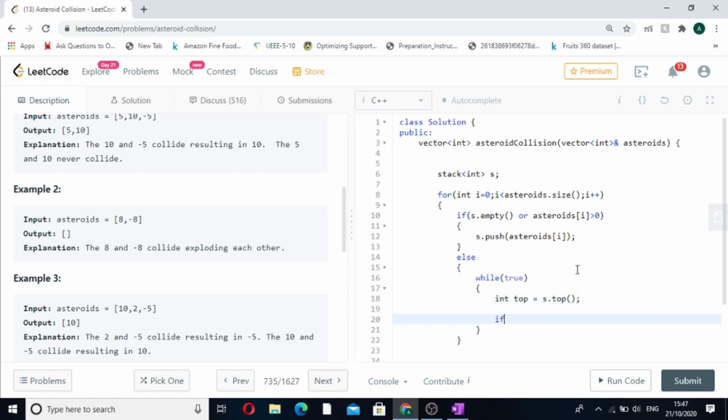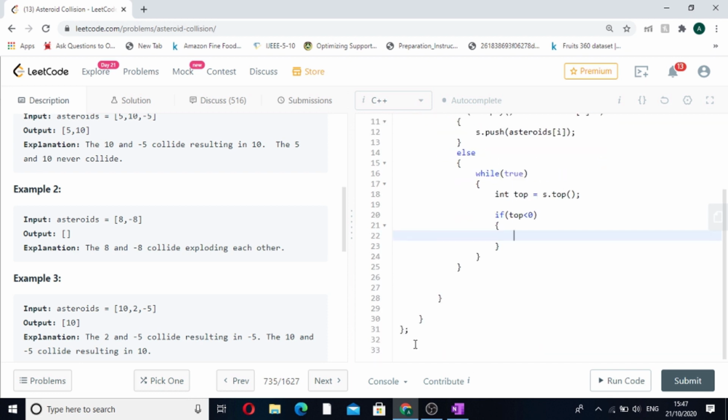Now if our top is less than 0, suppose this is a stack, it consists of 5, and then suppose it consists of -4. Now we have encountered a -3 in here. We know that -4 is moving in the left direction, and -3 will also be moving in the left direction. So these two asteroids will be moving in the same direction, and in the same direction no collision takes place.